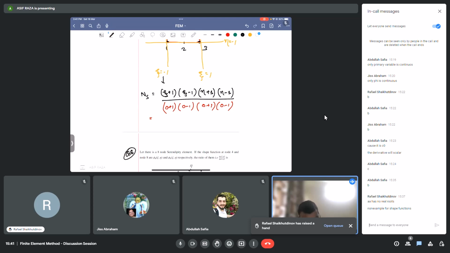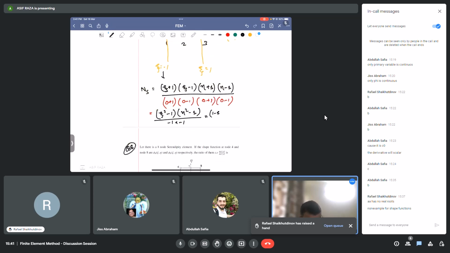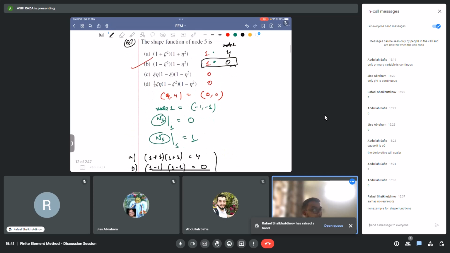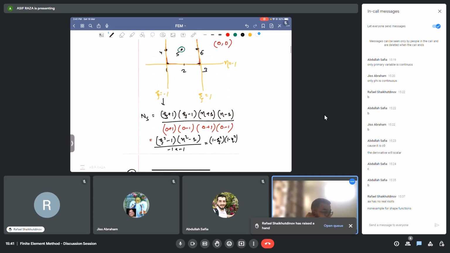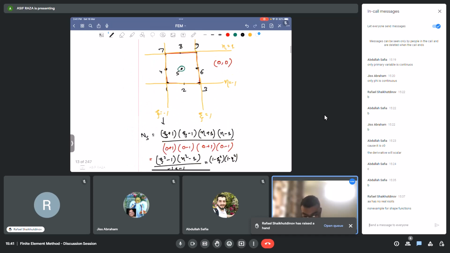Eta plus 1 times eta minus 1 will be eta square minus 1, and likewise for xi, xi square minus 1, and on the denominator minus 1 times minus 1, so that will be 1. We can also write it like (1 minus xi square)(1 minus eta square). So there is no need of the denominator. Okay, I think that matches. I hope nobody has doubt. Okay, so let's move on.